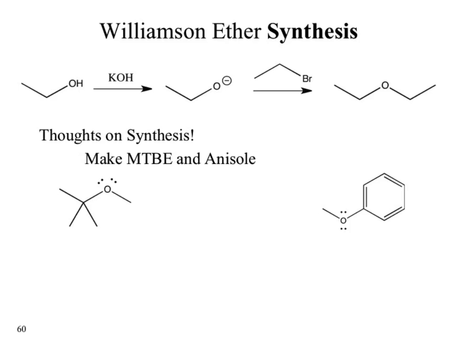You're like, oh, that's nice. But now we say, make it. Usually there are extra pieces of information stacked on top of that, like you can only use certain pieces or you have to stop when you only have so many carbons in your starting materials. So you have to pay attention to those extra rules.